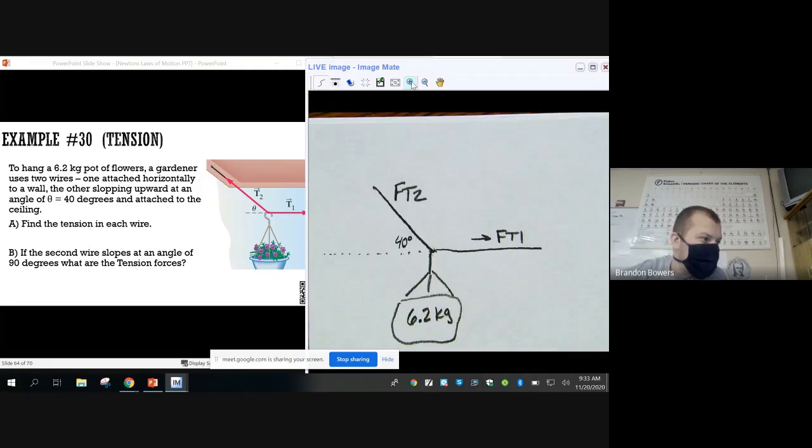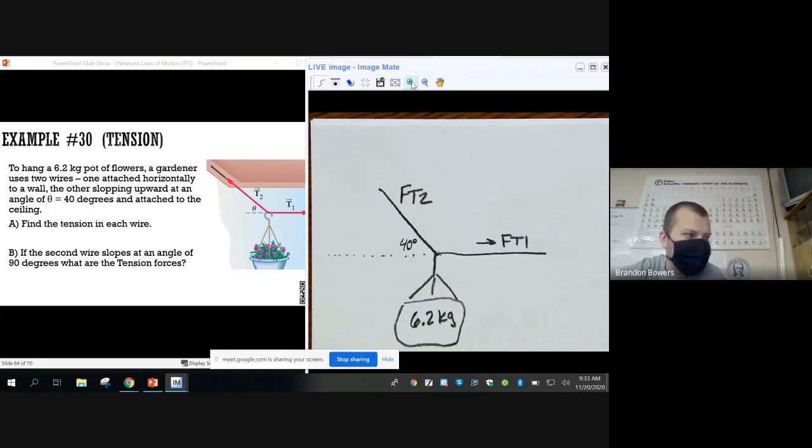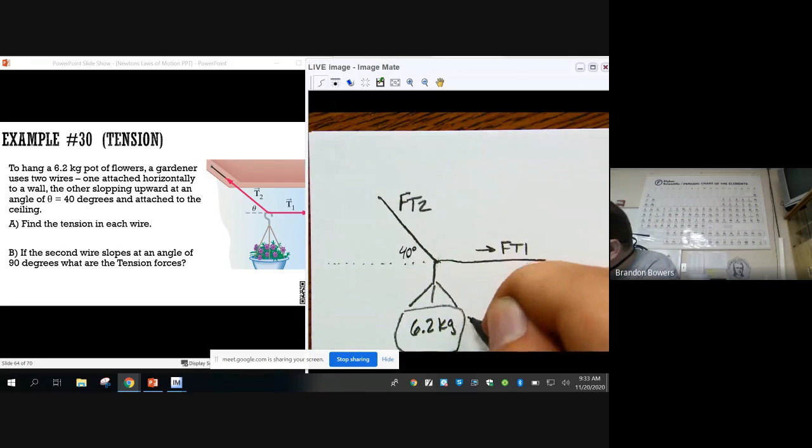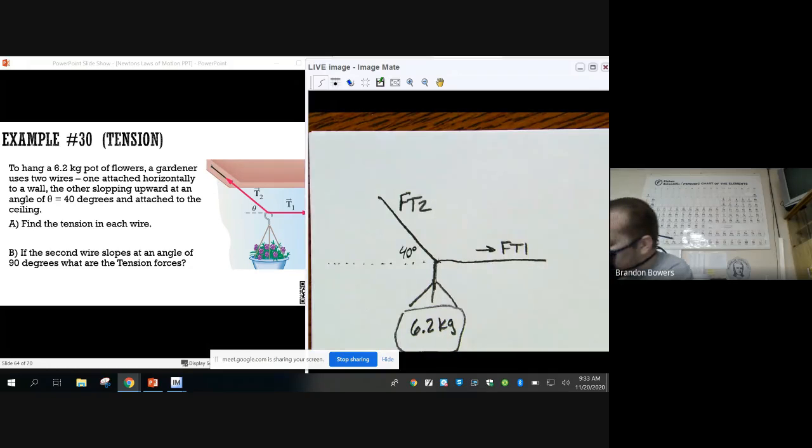So in this type of problem, we're actually going to have to find, so this is pulling it down, right? This is the force of gravity coming down. What's the force of gravity with this mass?